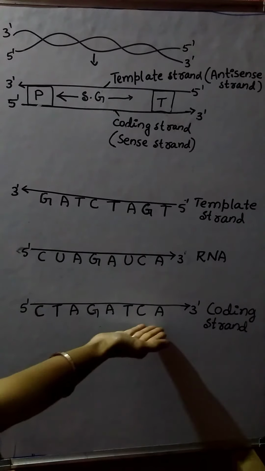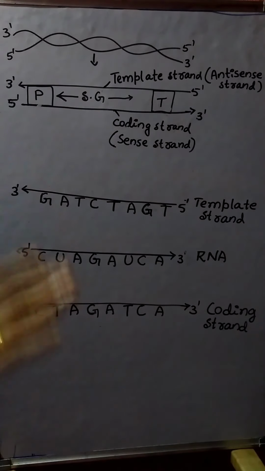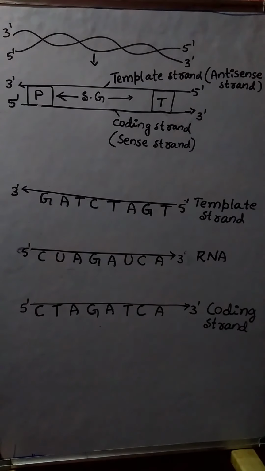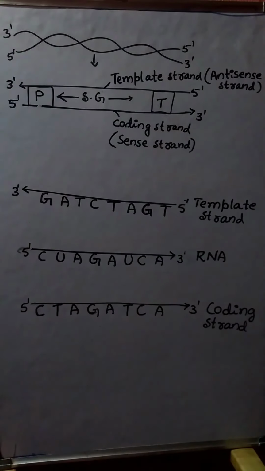Whereas the base sequence of coding strand and the base sequence of RNA are exactly similar, but the difference is in case of RNA, instead of thymine, uracil is present. This is about the base sequences of template strand, RNA and coding strand.